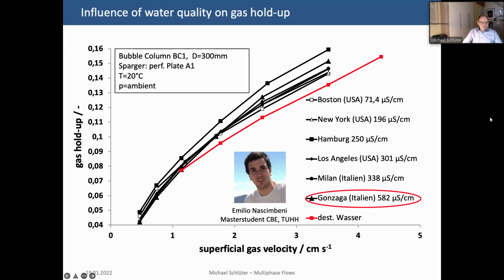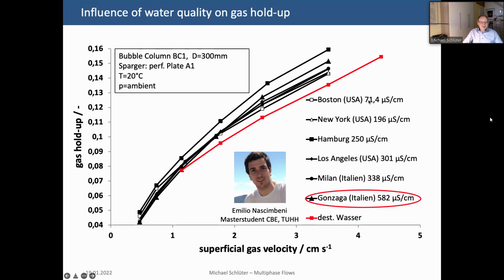He used the water from his hometown in Italy and from Milano and Los Angeles, Hamburg, New York, Boston, different tap waters. Don't understand me wrong, it's just tap water from the tap. Same temperature, same pressure, everything the same.